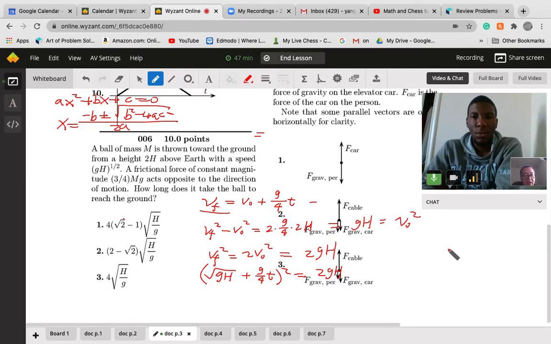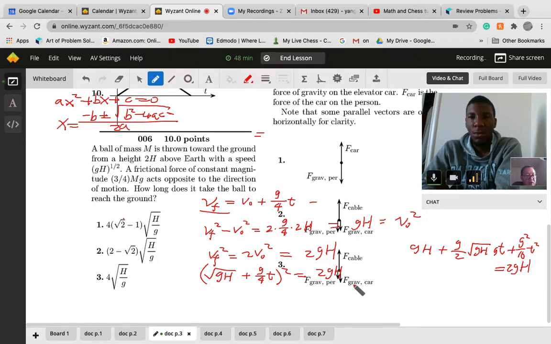Now let's square this one, get gh plus g over 2, then square root of gh times g times t, then plus g squared over 16 times t squared equals this 2gh.